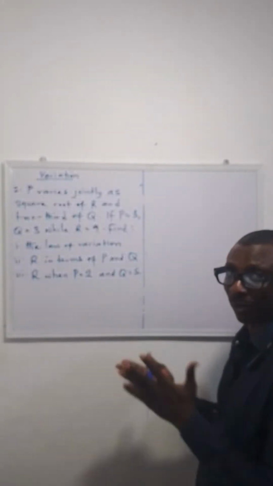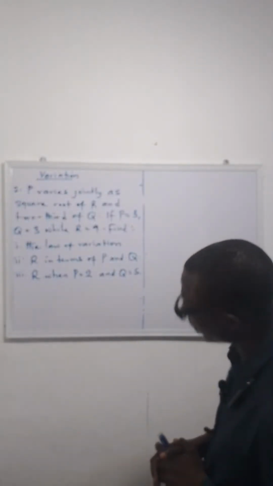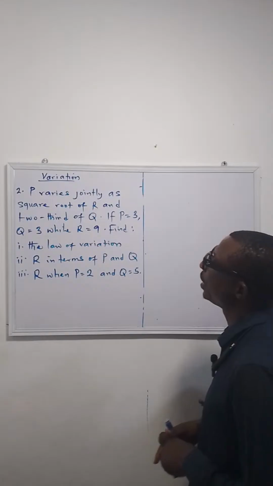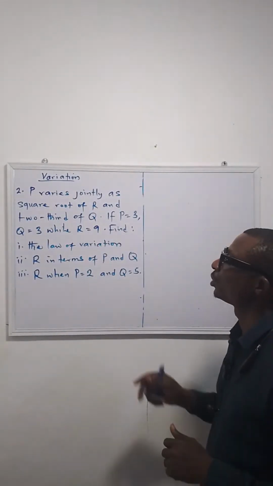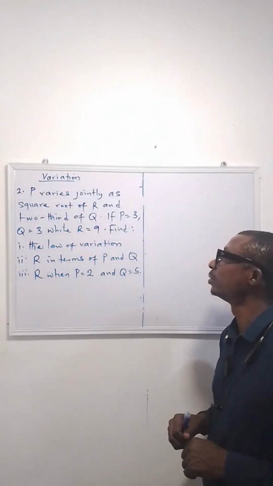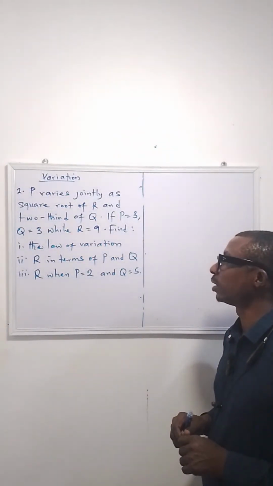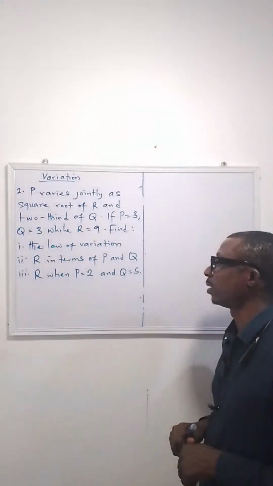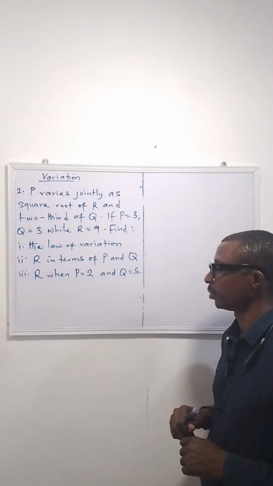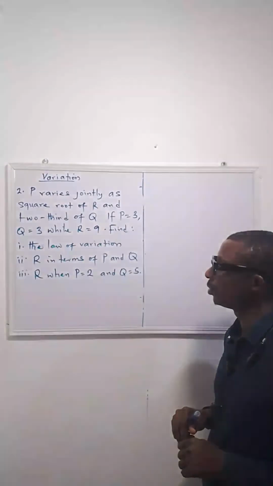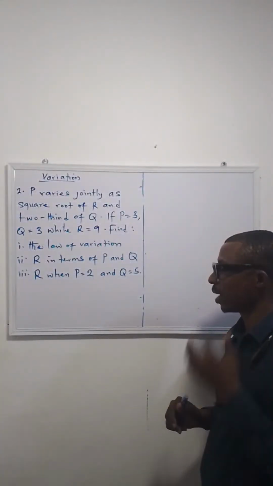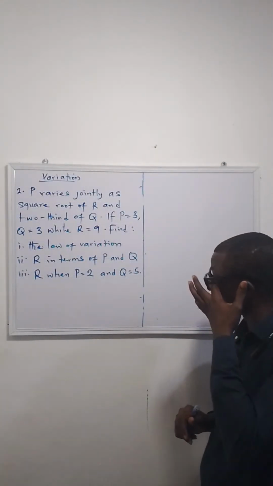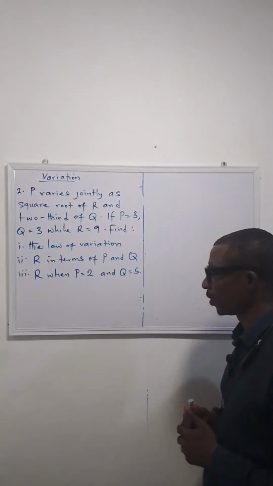Immediately after this one, we move down to partial variation. P varies jointly as the square root of R and 2/3 of Q. If P equals 3, Q equals 3, while R equals 9, find the law of variation, then R in terms of P and Q, and the third one, R when P equals 2 and Q equals 5.